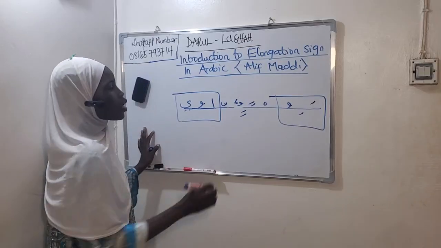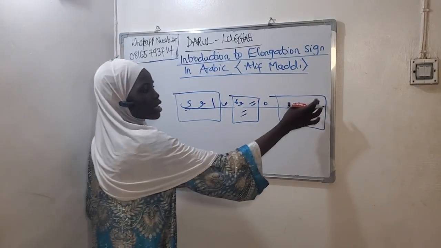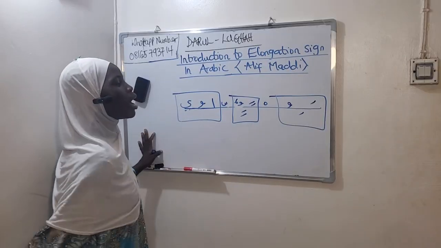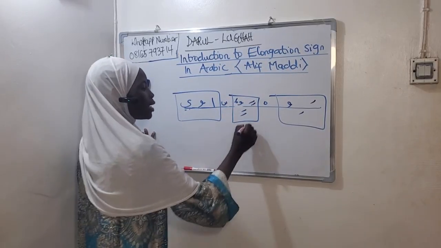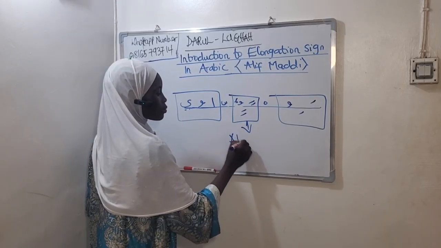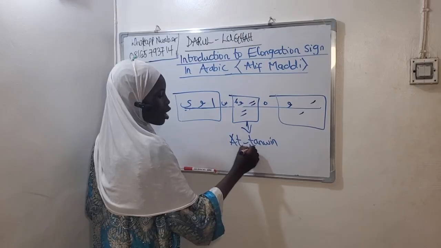In our previous class, we called these three Atanwin. That's double vowels. This one is only a single fatia, single kesra, single doma. But here we have double fatia, double kesra, double doma. They are called Atanwin, that means double vowel.